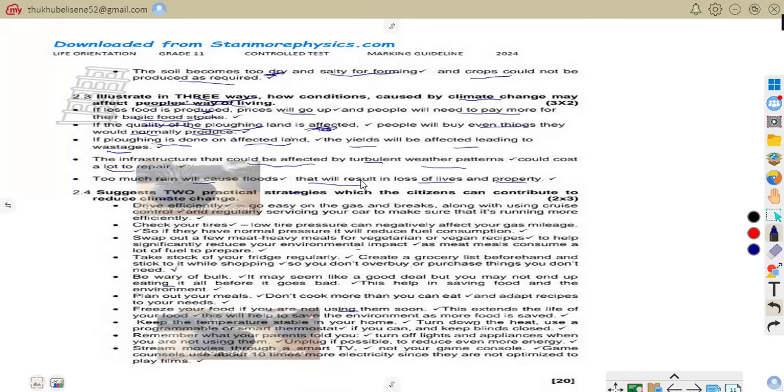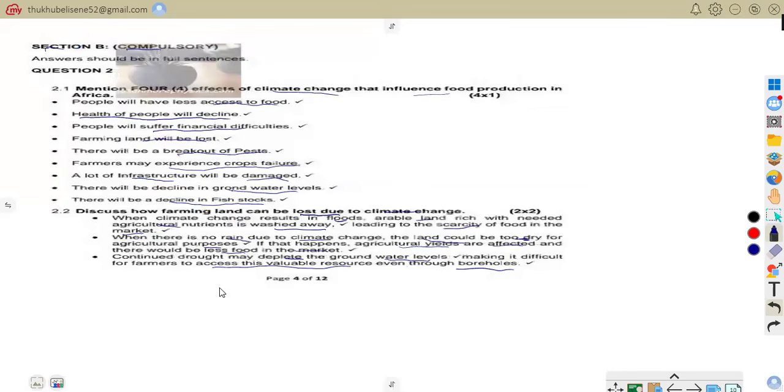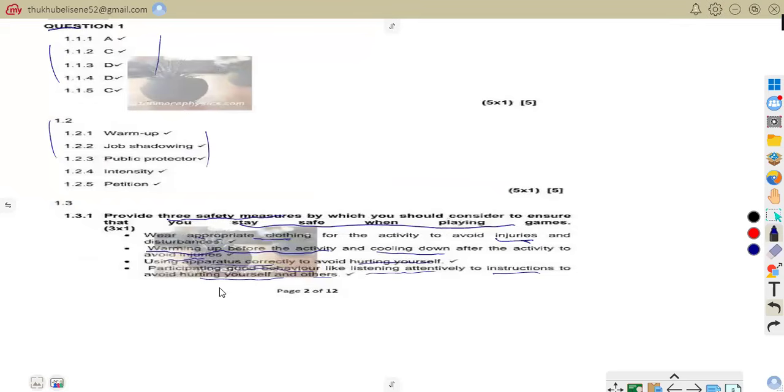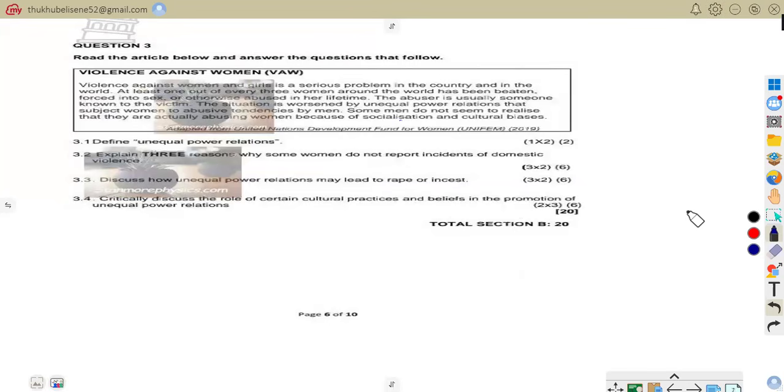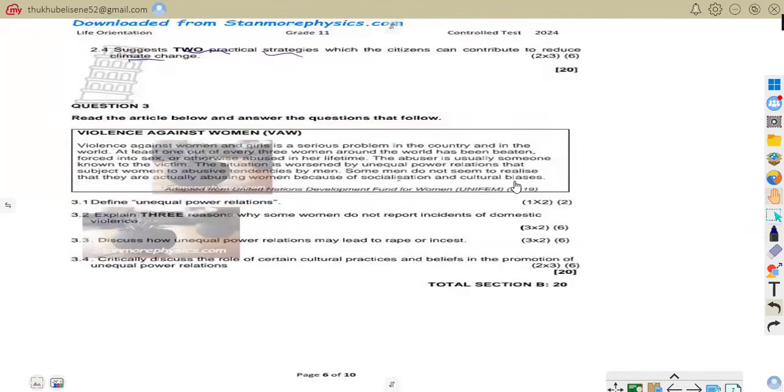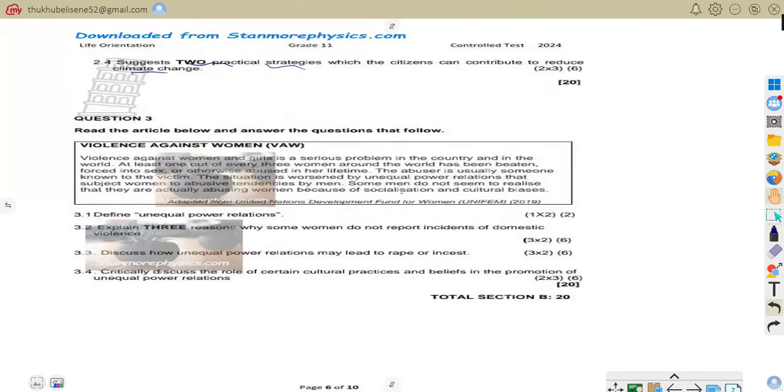So that is that. Can we be on 2.4 now? So let us be on 2.4. Here is our 2.4: suggest two practical strategies which the citizens can contribute to reduce climate change.